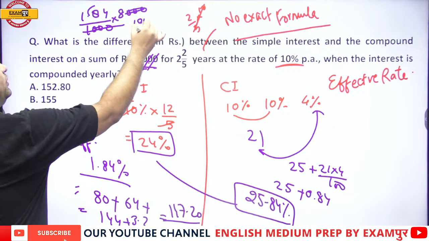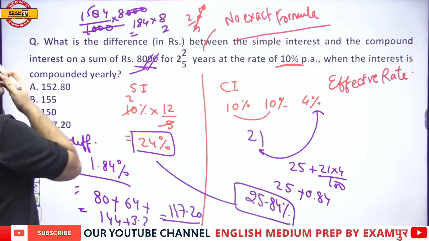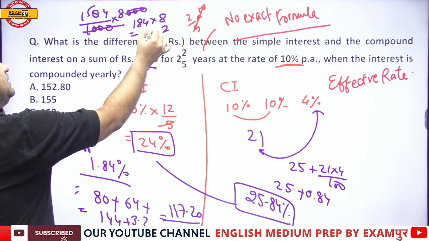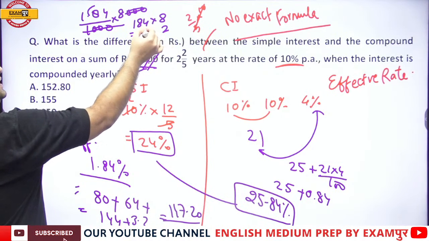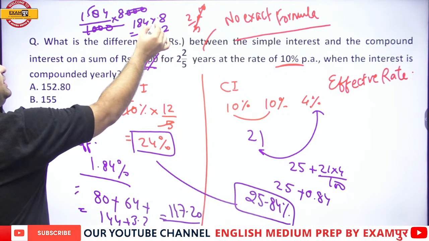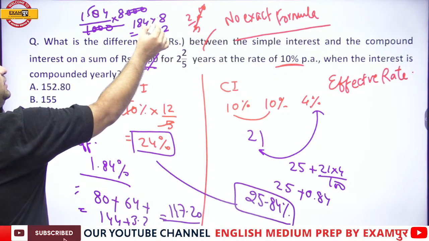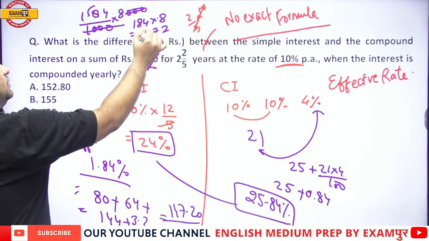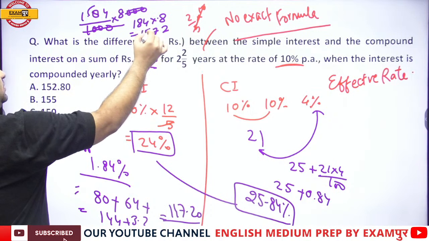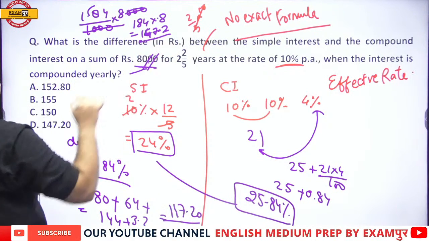So it is 184 into 8, which is 8 4s are 32, then there is going to be one more zero. 8 8s are 64, 64 plus 3 is 67, then 147.2. Answer.